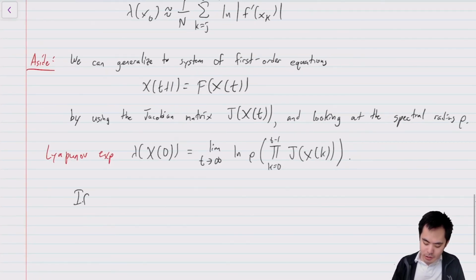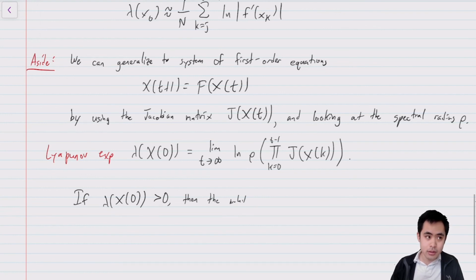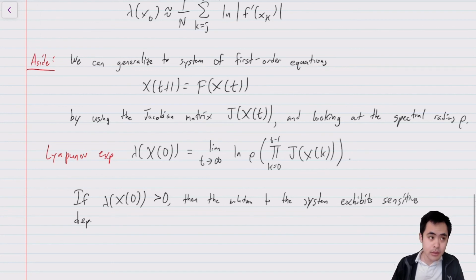And it turns out that if lambda of x naught is greater than 0, then the solution to the system exhibits sensitive dependence on the initial condition x naught.